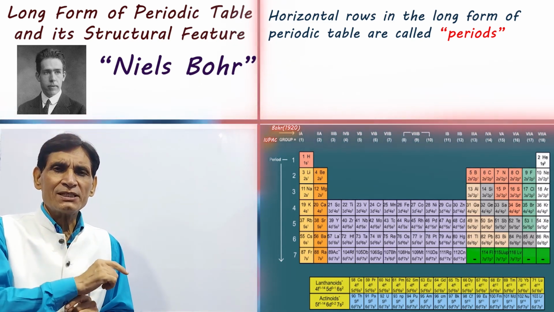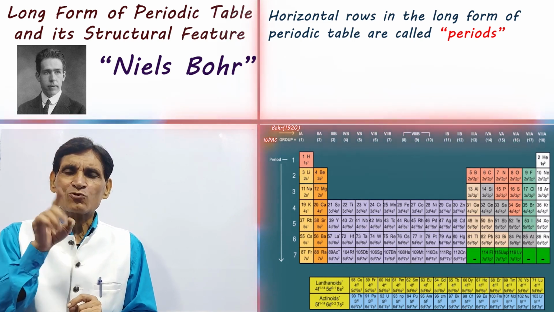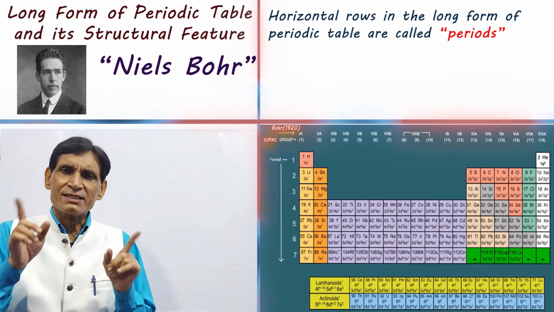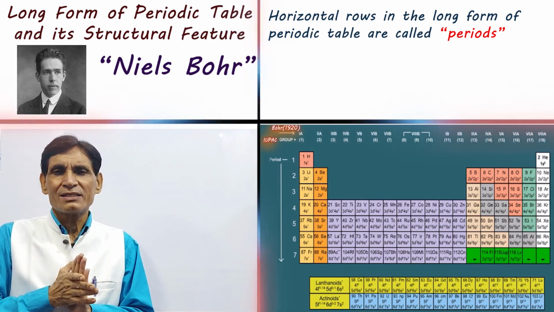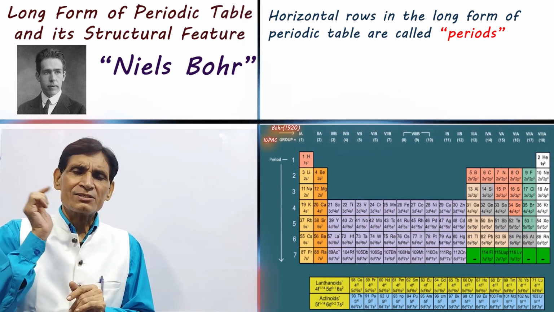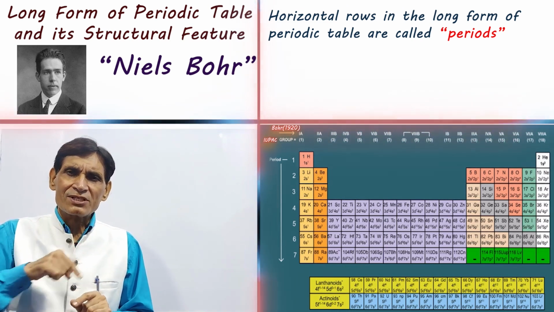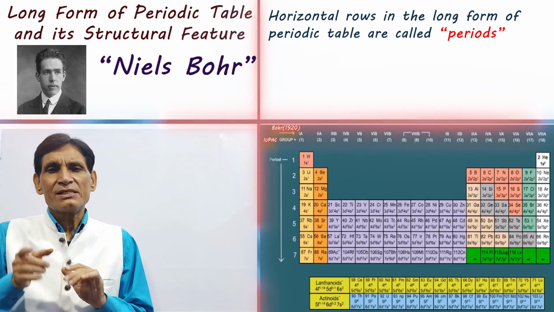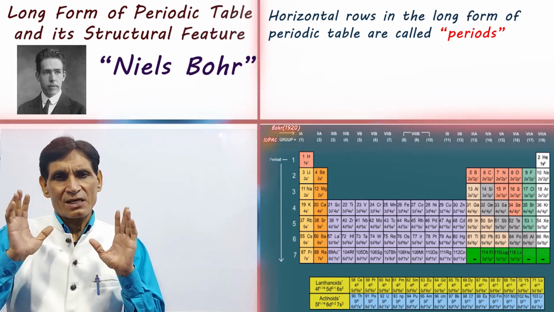In the fourth period, the fourth cell is outermost, and likewise for the fifth, sixth and seventh periods.